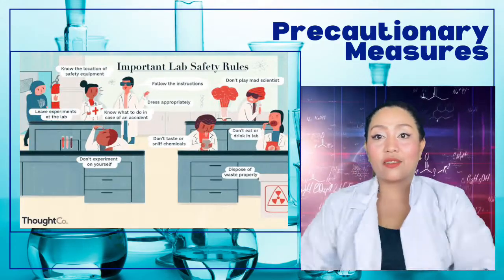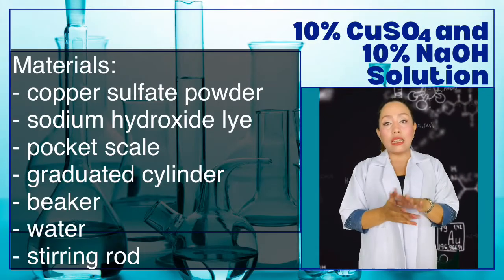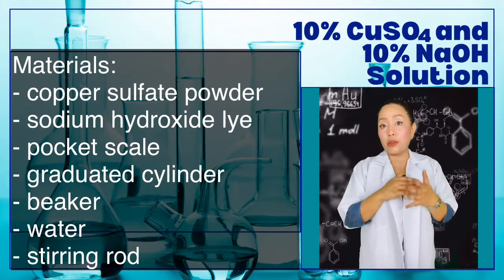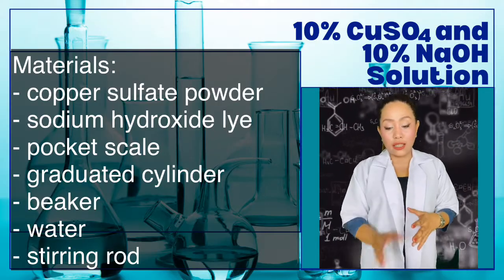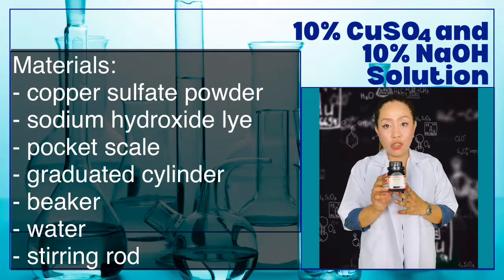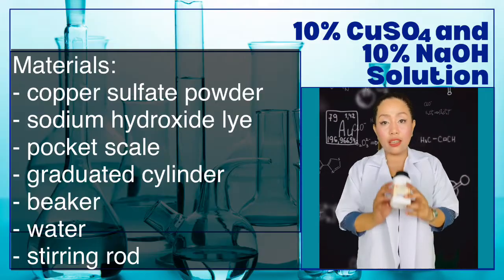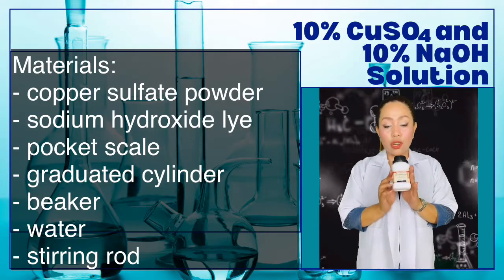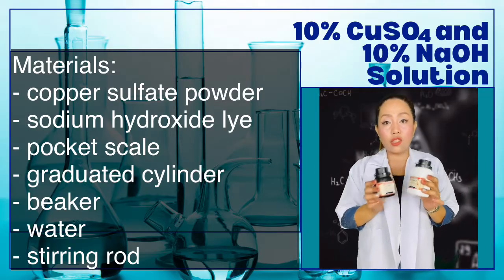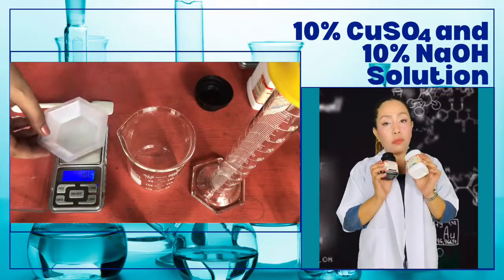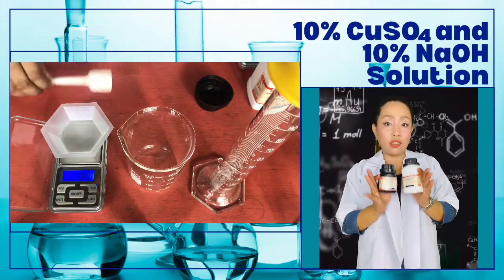Some of the materials need to be prepared first before we perform our experiments. Two of these are the 10% copper sulfate solution and the 10% sodium hydroxide solution. As you can see, these chemicals are both in solid form, so we need to prepare them first to make a solution.